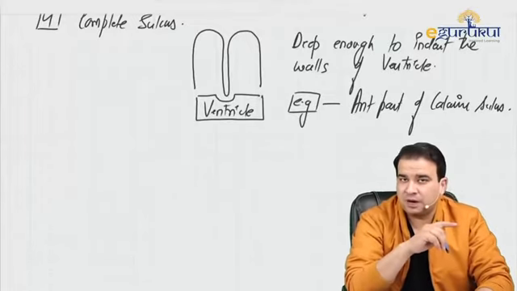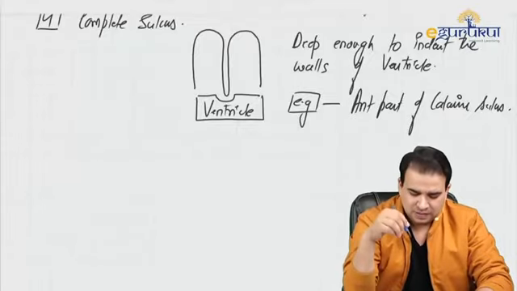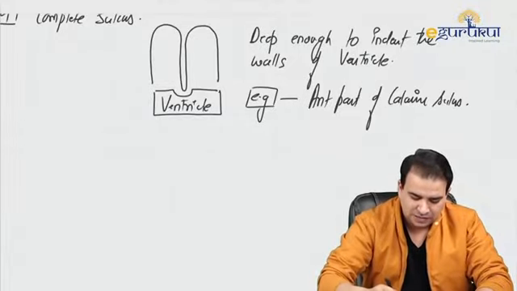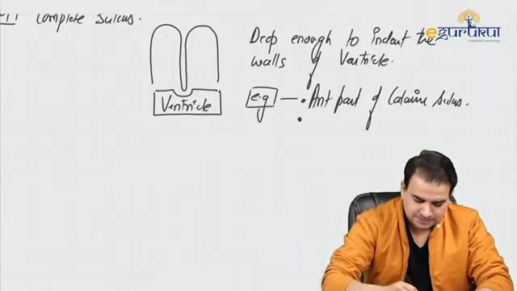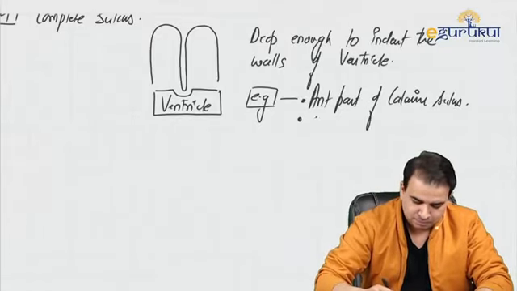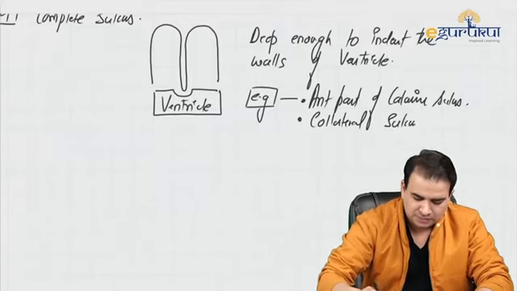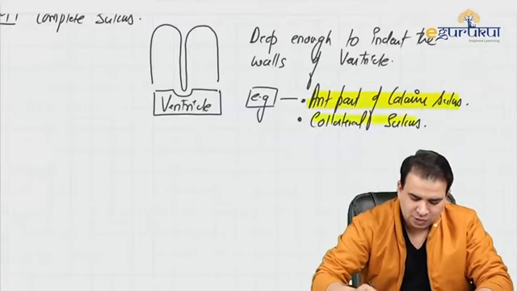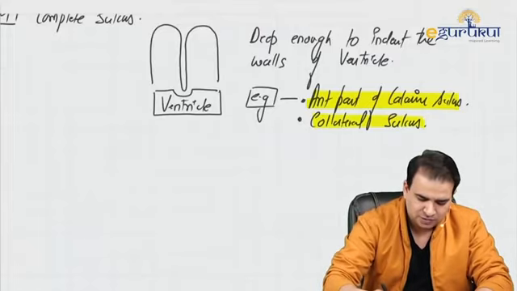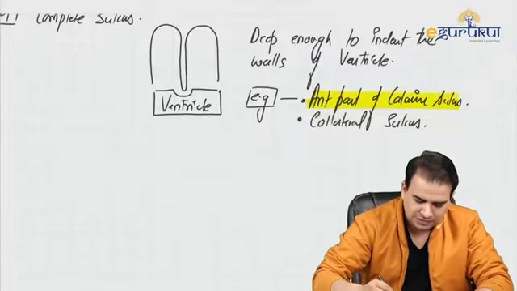We just saw the posterior part of the calcarine sulcus was the axial. So here we have an example of the anterior part of the calcarine sulcus. And another example is the collateral sulcus. Anterior part of the calcarine sulcus and the collateral sulcus. Let me just use a different color for the collateral sulcus.